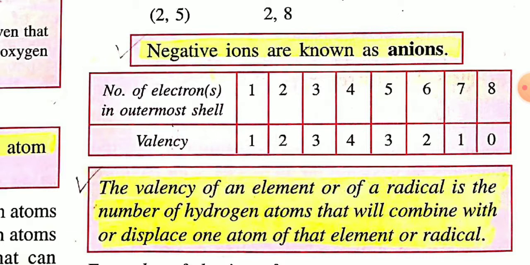If 6 electrons are there in the valence shell, then the valency will be 8 minus 6, that is 2. If 7 electrons are there in the outermost shell of an atom, then valency will be 8 minus 7, that is 1. And if 8 electrons are there, then valency will be 8 minus 8, that is 0. So remember this table.